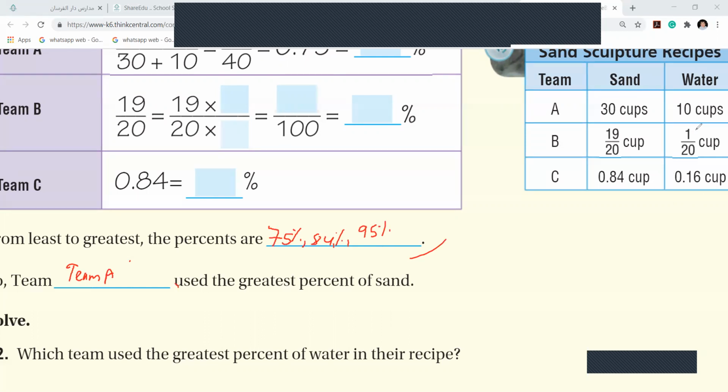Least is team C. If you solve 1 over 20, you get 0.05. So of course this is less than the others when you compare. So your answer is C.